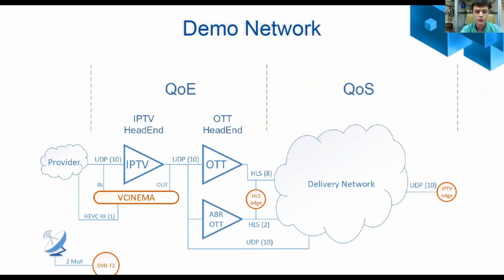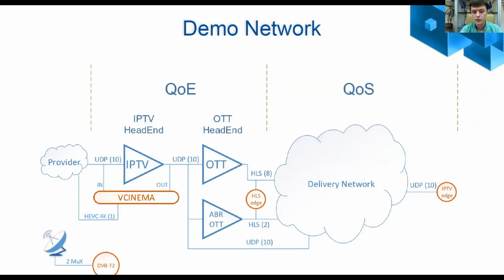In this network, we installed 4 probes. One on vCinema, monitoring 10 streams on input and 10 streams on output.